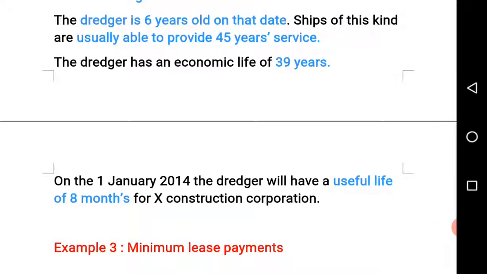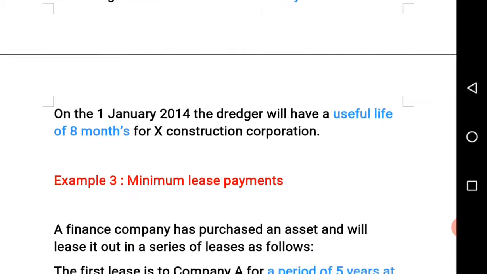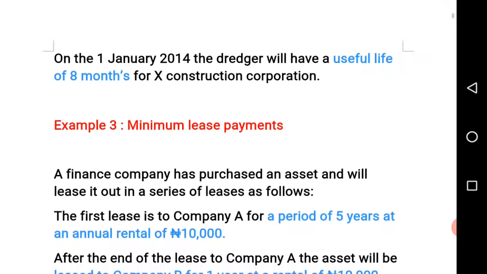So we've been able to differentiate between the economic life, which is the total life, and the useful life, which is the period which the lessee alone, that's one lessee, would be able to get economic benefit from the use of the leased assets. So the example would be minimum lease payments.